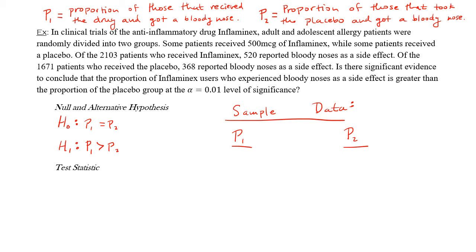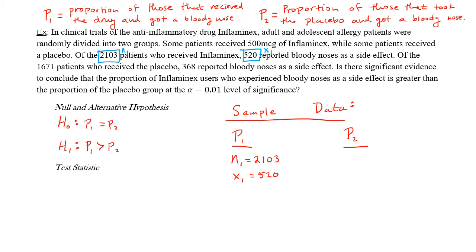We had 2,103 patients that received the drug, and 520 of them reported bloody noses. So we have a sample size of 2,103 for that population, where 520 received bloody noses. So N1 is 2,103, and 520 received bloody noses, so we'll call that X1.